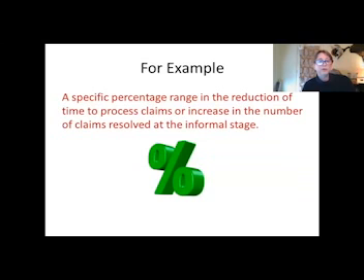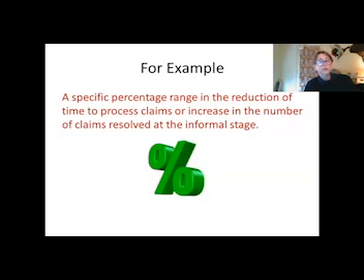Well, for example, you can use a specific percentage range in the reduction of time to process claims, or an increased number of claims resolved at the informal stage. For example, if we're looking at reduction in processing time, the objectively measurable goal could be we want to see a reduction of between 15 and 20% in the time it takes.